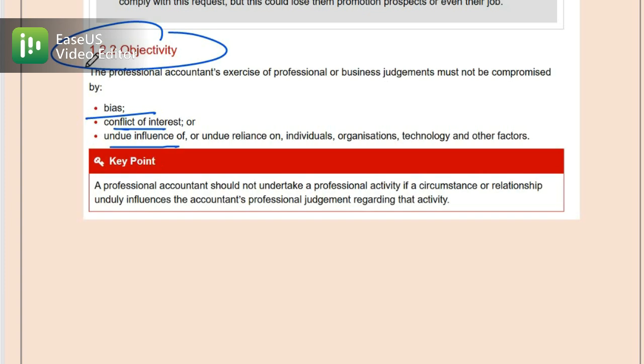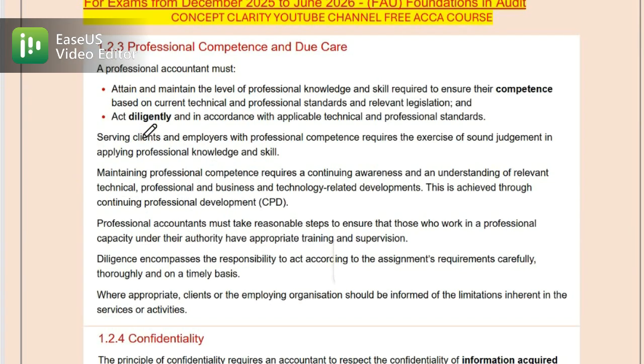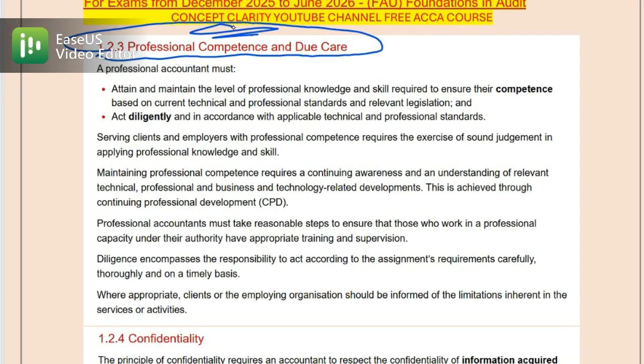Okay? Now the third one we have here is professional competence and due care. What does it mean? This one is really about two things working together. The first one is competence, and the second one is diligence, due care.